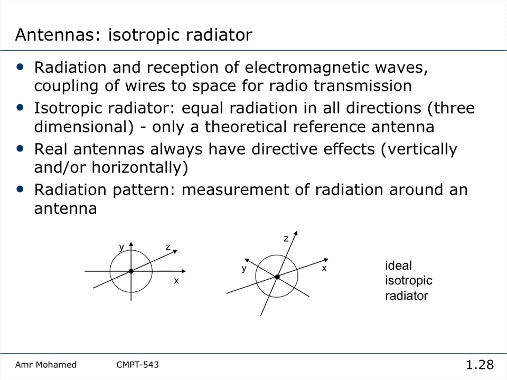It's just a theoretical way to comprehend that electromagnetic wave can ideally radiate in 3D in the air in the form of a sphere, and at any distance you can have a certain signal strength.